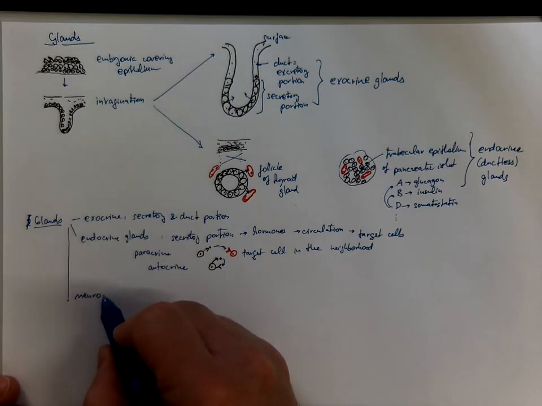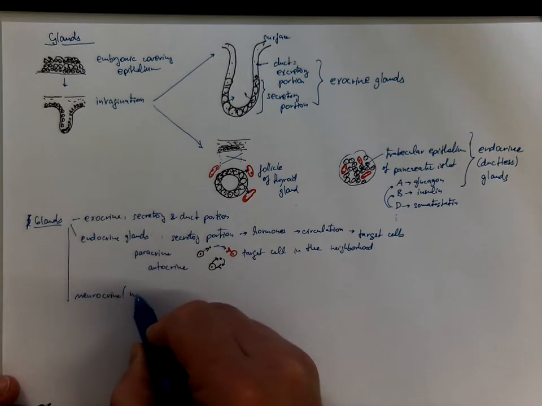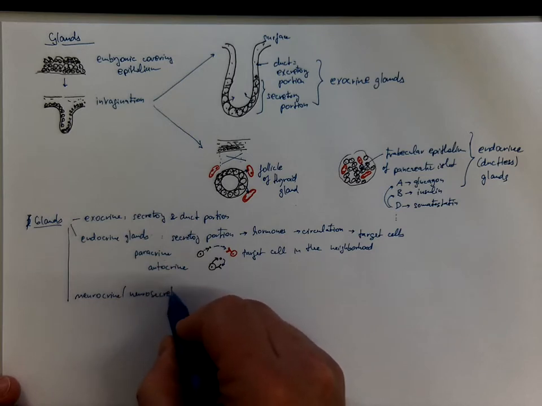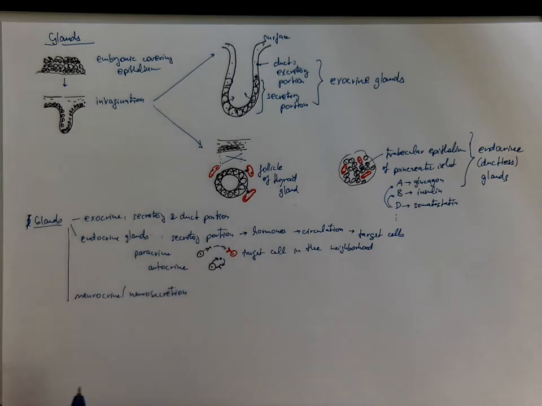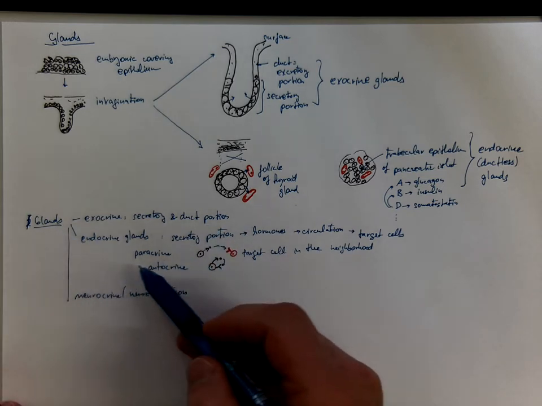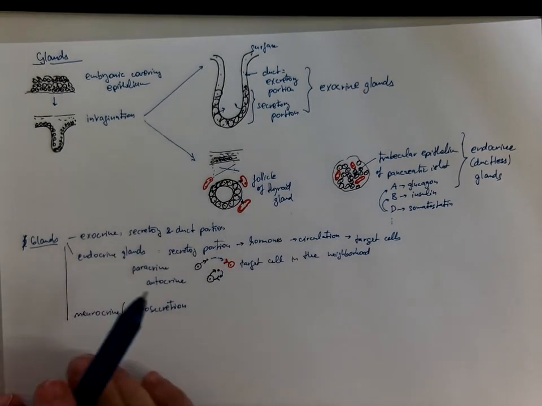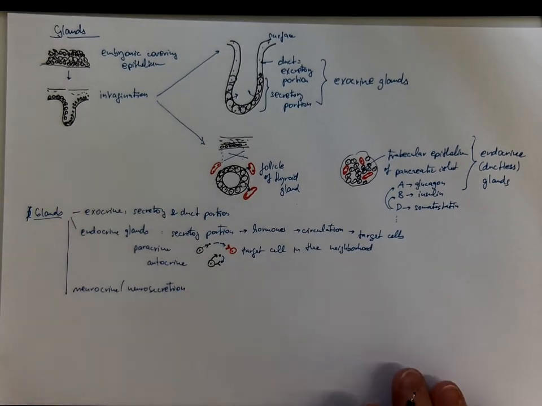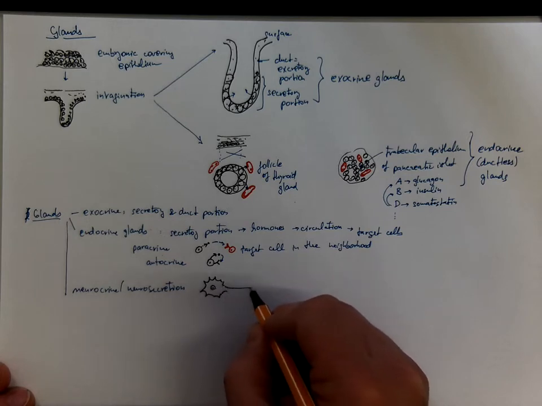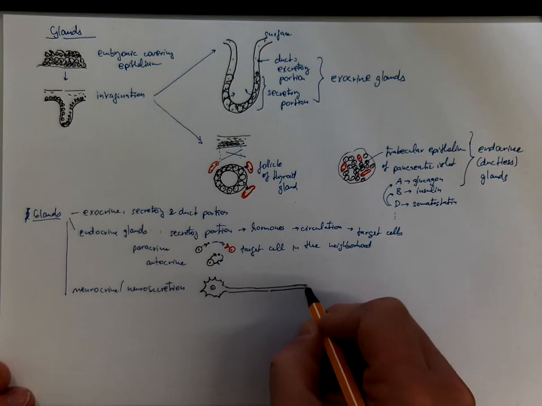A special term, a category, is neurosecretion, because secretion and glandular activity is not the privilege of epithelial cells. So I want to stress that also some neurons, a completely different tissue, nerve tissue, with their cell bodies, might produce hormones.